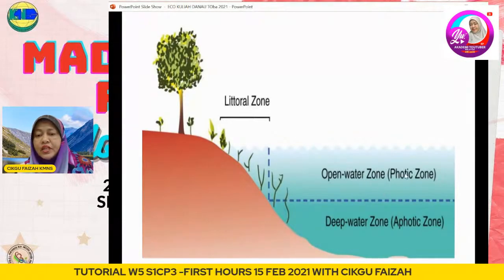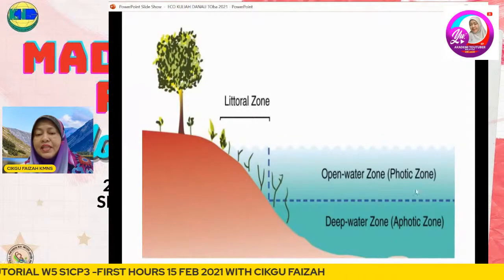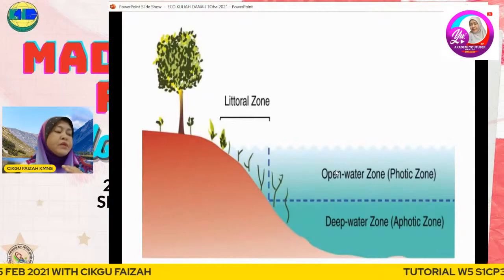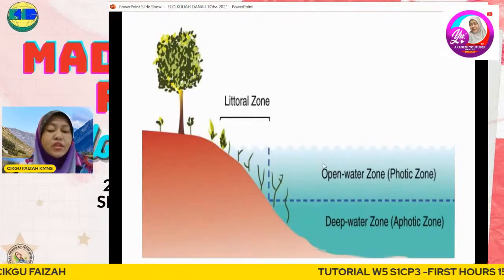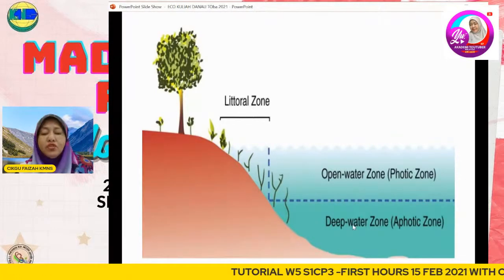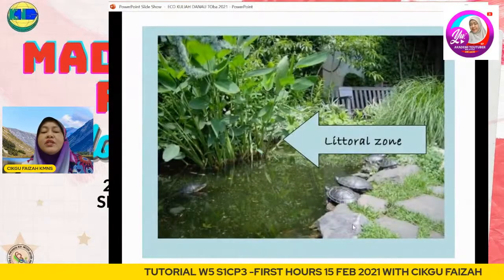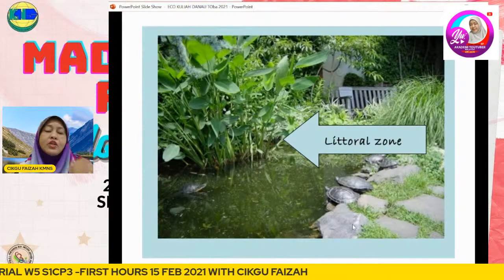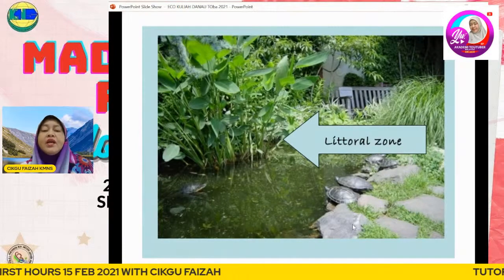So this tadi photic zone, aphotic zone is apa kelas? Light penetration. Open water zone kita panggil apa tadi? Limnetic zone. Deep water zone, profundal zone. Okay, so littoral zone, this is all the organisms ataupun pokok ataupun individual or species that you can observe.